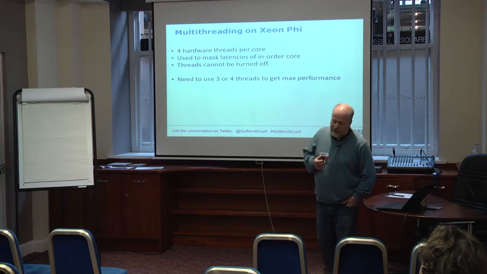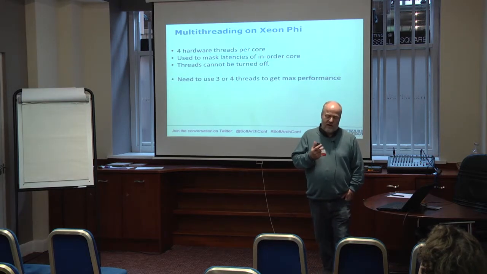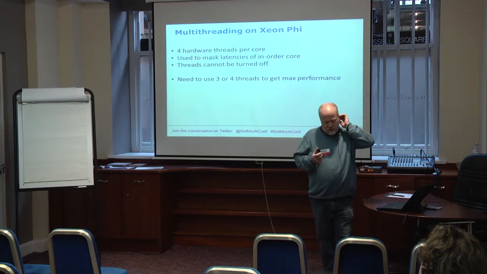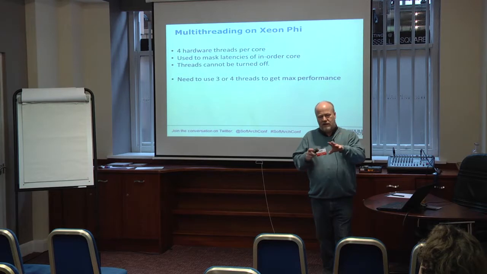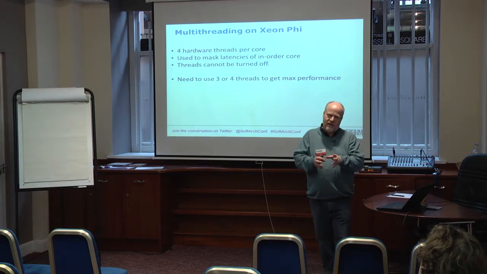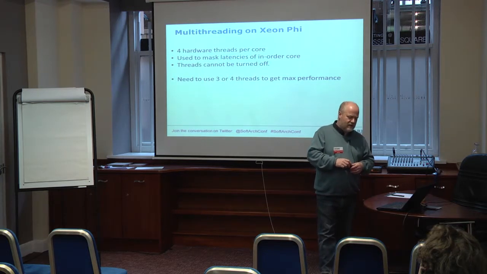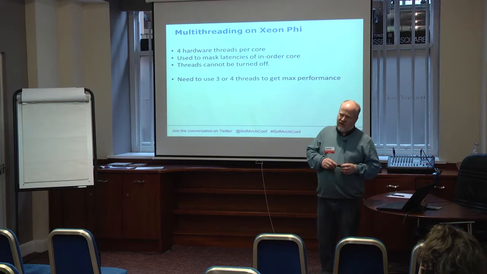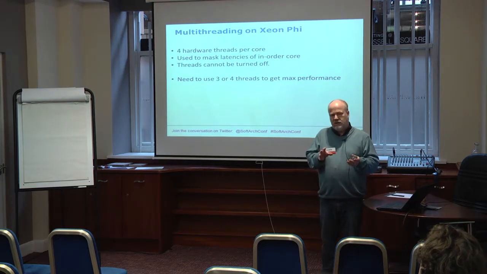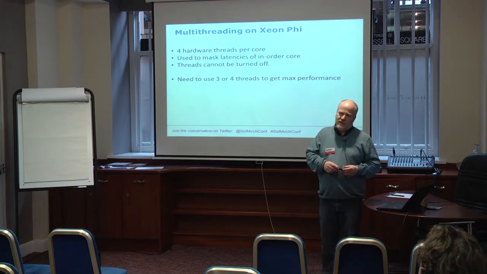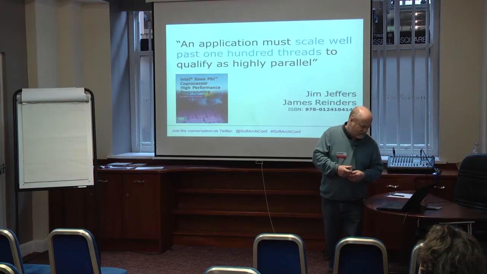On the Xeon Phi, as I said earlier, there are 4 hardware threads that work to make the parallelism and make the cores work at their best. So 61 cores, and underneath it there are 4 hardware threads. When you're writing your threaded code, the recommendation is that you experiment with using between 3 and 4 threads per core to see what your best performance is.